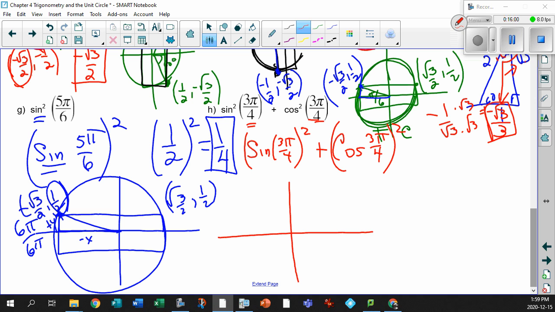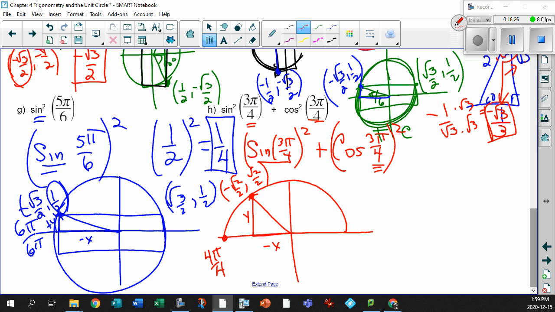Perfect. You know and I know that right here is 4 pi over 4. So if we're going all the way around, 3 pi over 4 has got to be right here. And that's one of those pi over 4 ones. So this is going to be negative x, positive y. So that's going to be negative root 2 over 2, positive root 2 over 2.